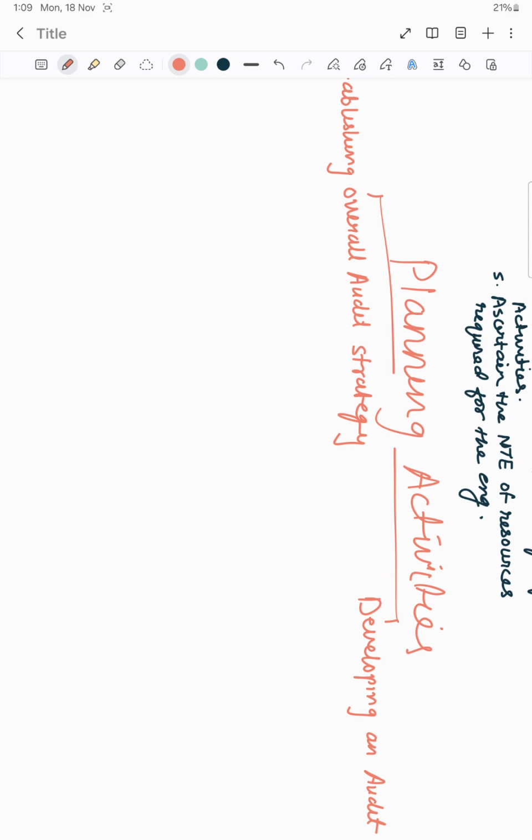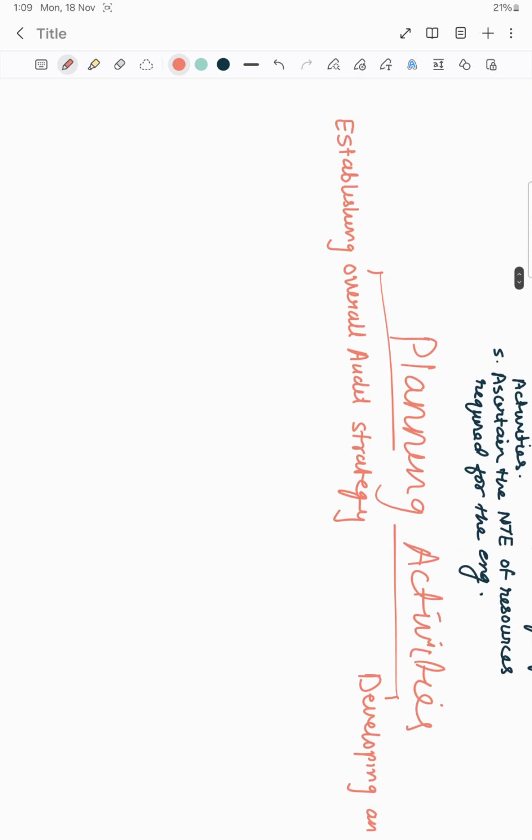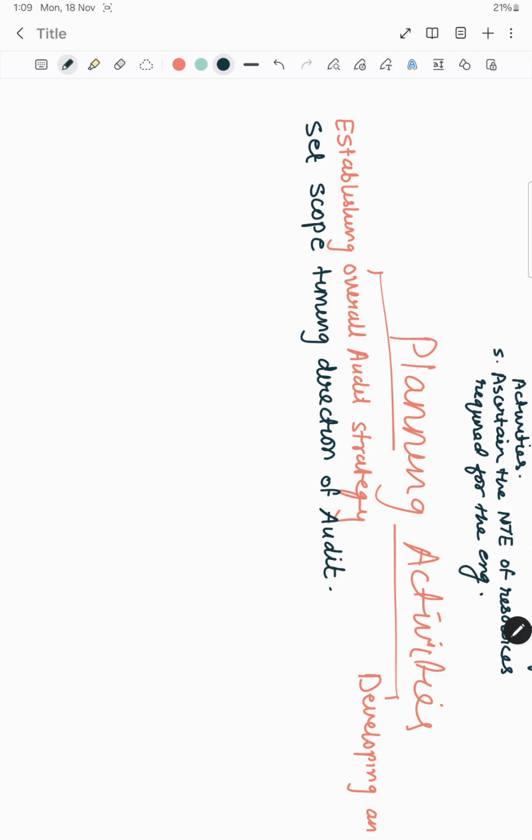Establishing an overall audit strategy sets the scope, timing, and direction of audit, which in short we will write as STD of audit.